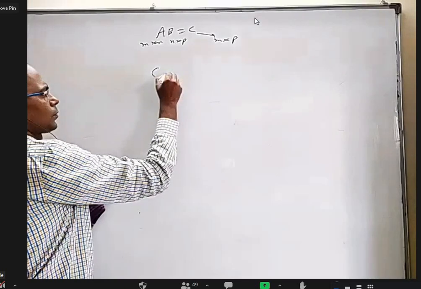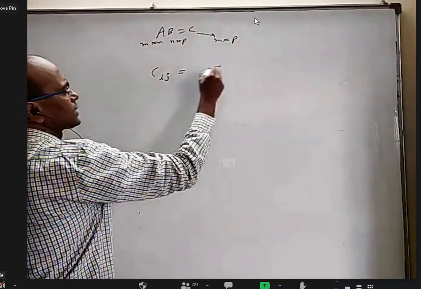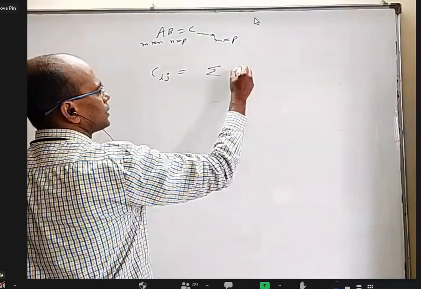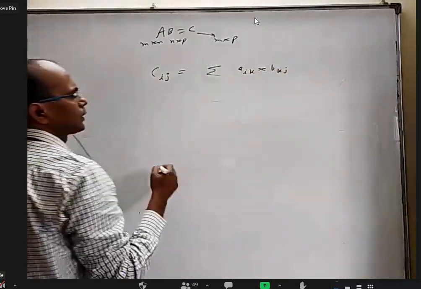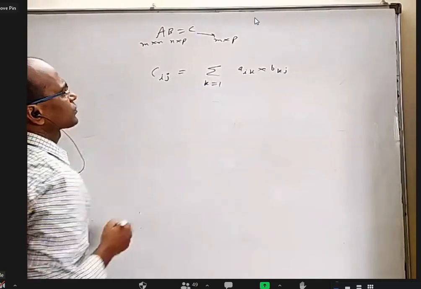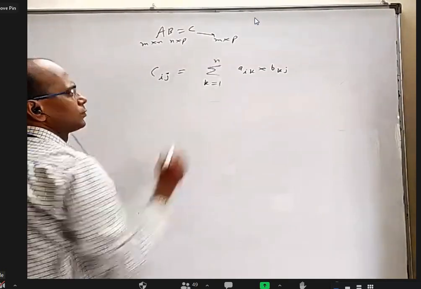Cij is sigma Aik into Bkj, where k is changing from 1 to n.